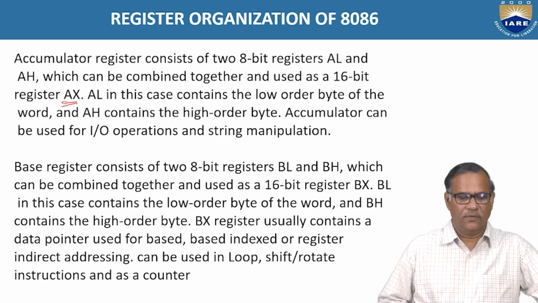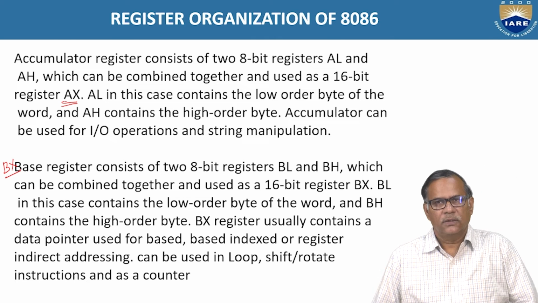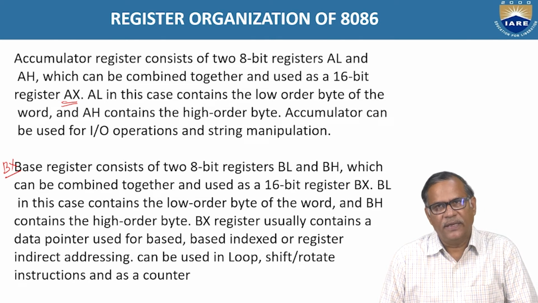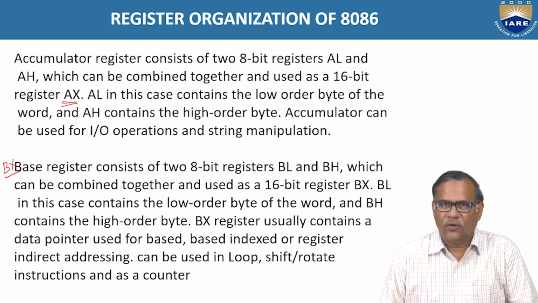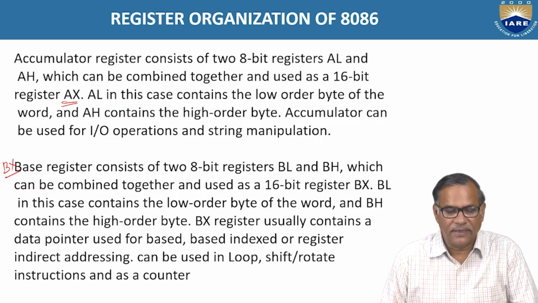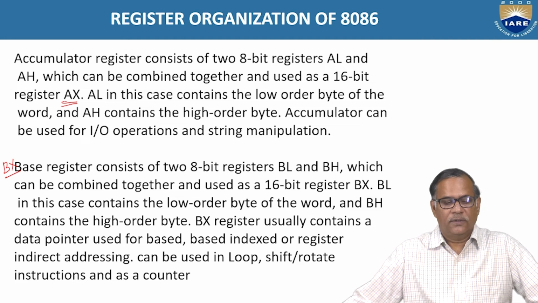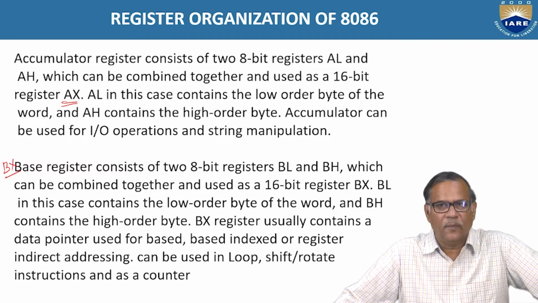The base register is also called BX. The BX is also divided into BL and BH. BL is 1 byte, which is the lower byte, and BH is the higher byte. They can be combined together and used as a 16-bit register BX. So BL contains the low order byte and BH contains the high order byte.